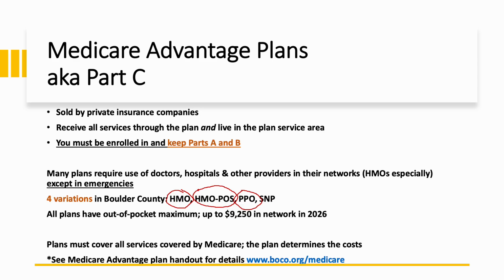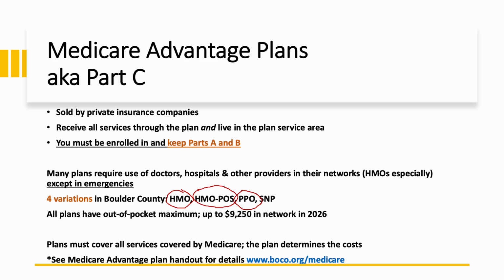But you do want to make sure that your doctors accept the plan and that you understand what your copays and your coinsurance costs are going to be through that plan, because each plan is going to set their own fees for services as you access those services. Medicare sets the maximum out-of-pocket limit each year that the plans can charge, but many plans are well below the limit that Medicare sets, which this year is $9,250 for in-network services.